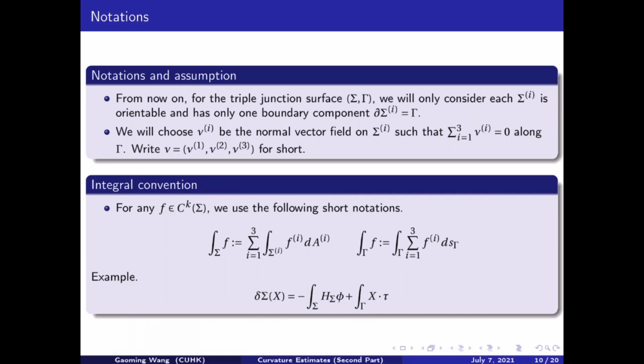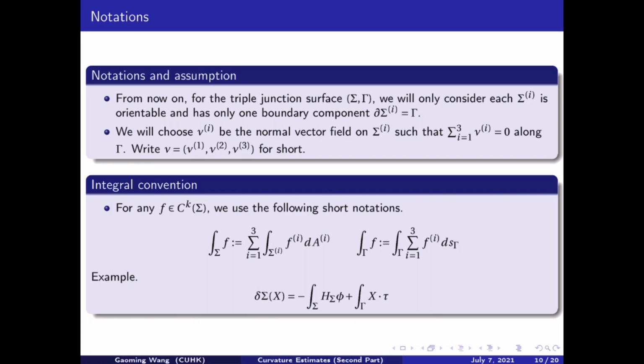In this case, we can choose a suitable normal vector field on each sigma I. We will choose nu I as a normal vector field on sigma I such that the sum of nu I vanishes along gamma. We will use nu, which has three components, to denote this kind of choice of nu I.